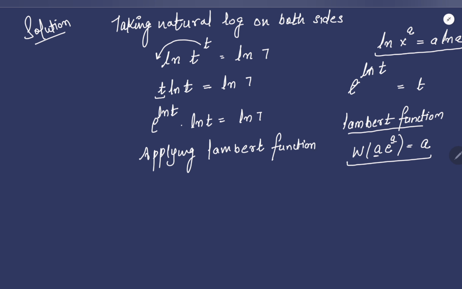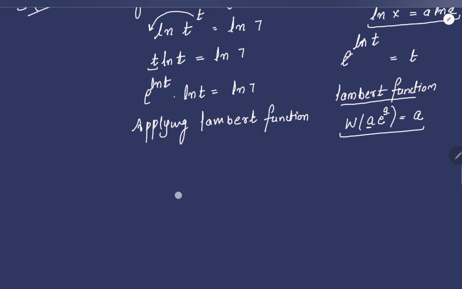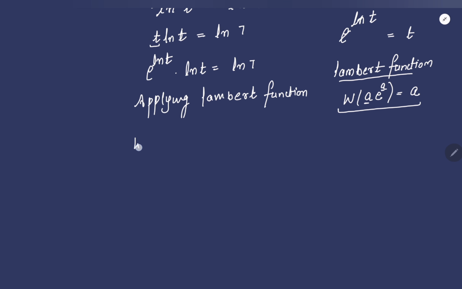So when we apply the Lambert function on an equation, what do we get? We apply it on both sides. ln t times e raised to power ln t is equal to the Lambert function of ln 7. Because whenever we apply, we apply on both sides. Okay, so as you can notice, this and this are the same.